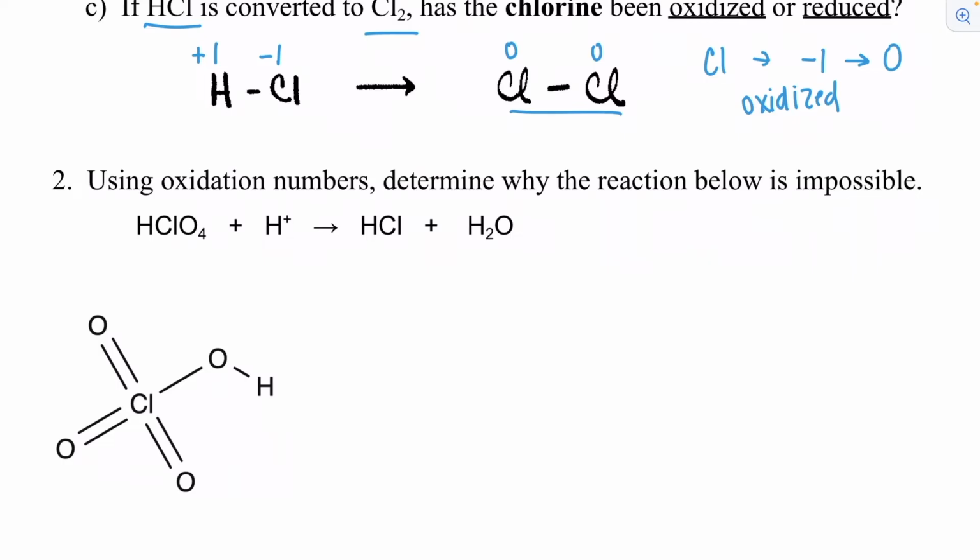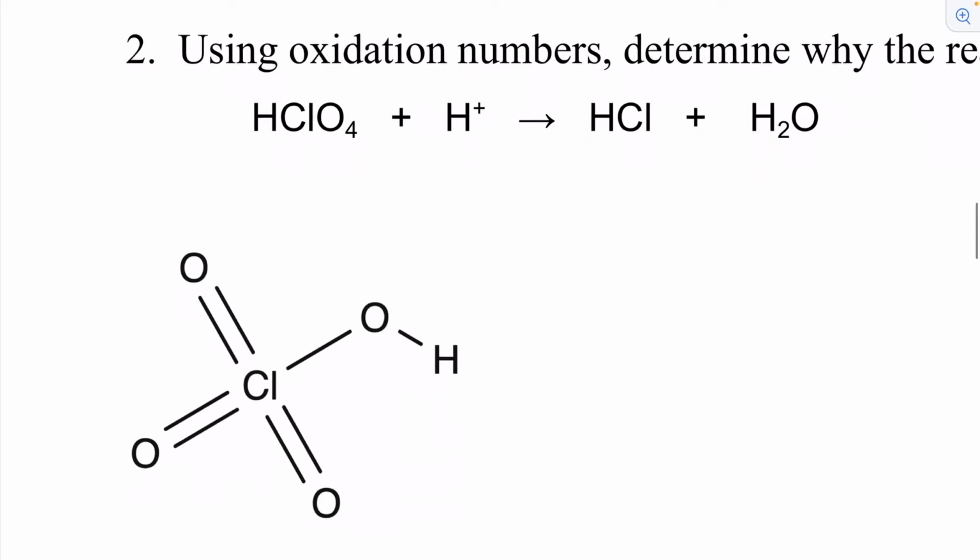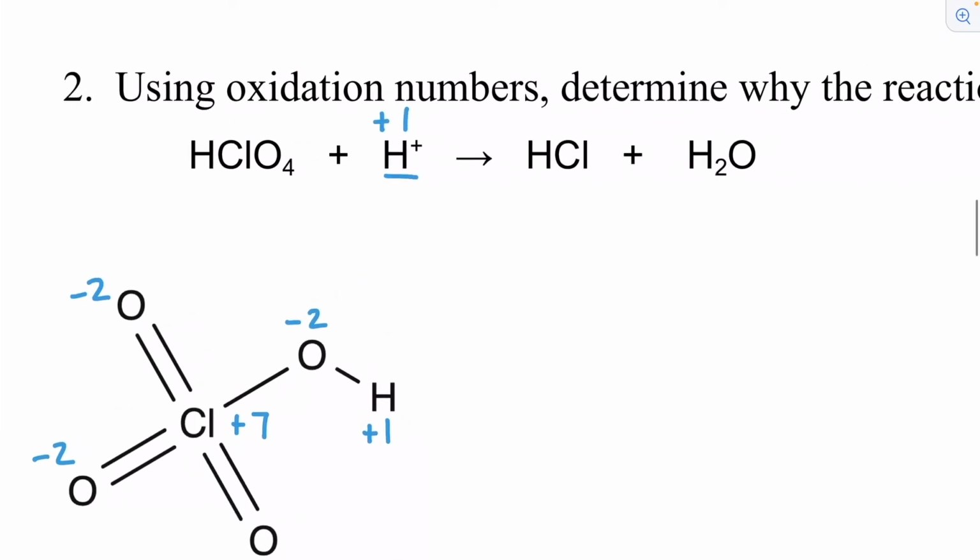Using oxidation numbers, determine why the reaction below is impossible. First, we need to assign the oxidation numbers. I'll start with this perchloric acid, HClO4, +1, -2 for all of our oxygens. This is a neutral substance, so if we add it all up, chlorine has a +7 oxidation number. Our hydrogen is an ion. It has a +1 oxidation number.